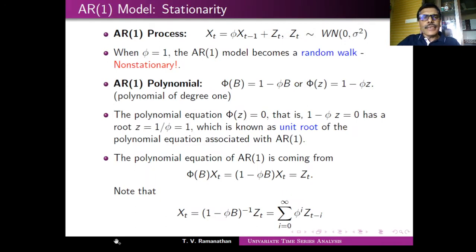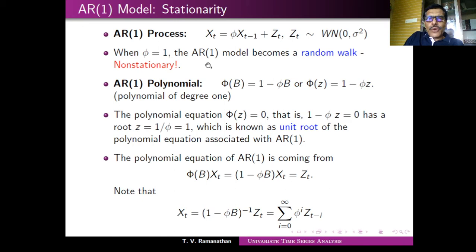So, I consider an AR(1) process. For example, you can write an AR(1) process like xt equal to phi xt minus 1 plus zt, where zt is a white noise series. Now, I am talking about stationarity in terms of the values of phi: for what values of phi is this going to be stationary?